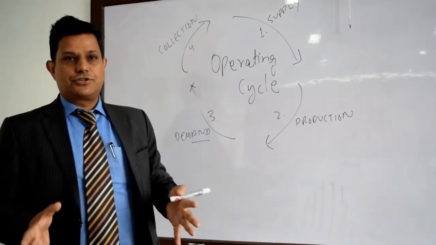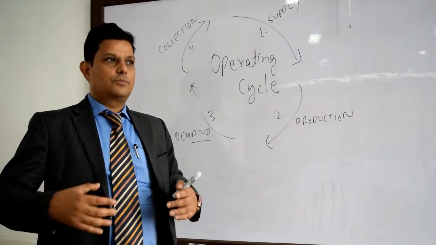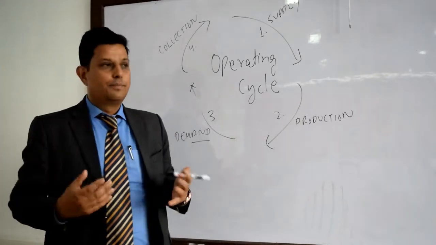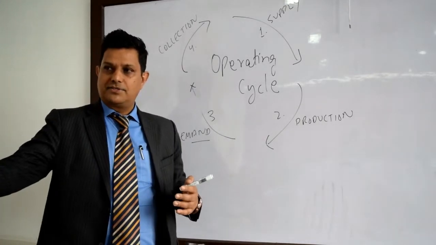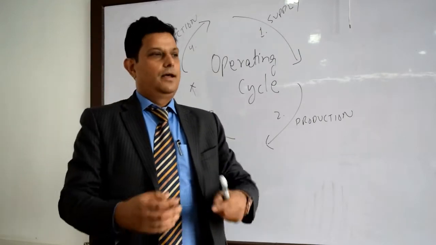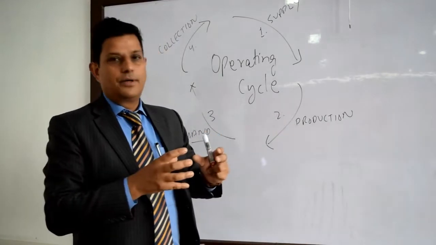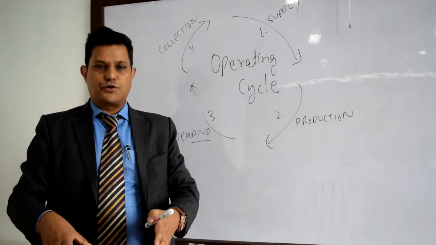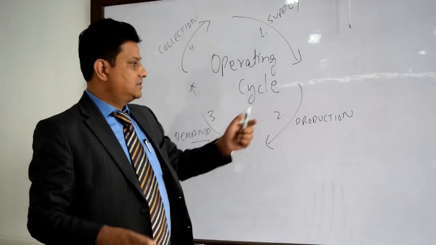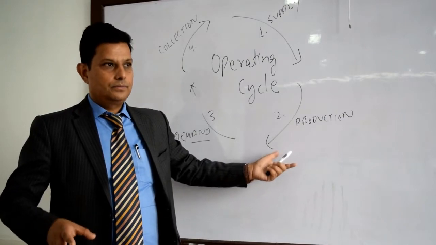But in a service industry, the process inside the store is production: we look for what to buy, a customer service executive shows us the product and explains it, we take it from the rack, keep it in the trolley, go to the counter, and pay the money. That process is production for the service industry.